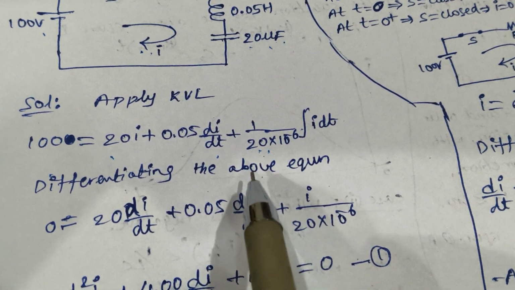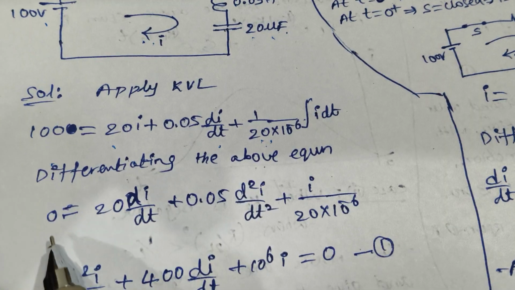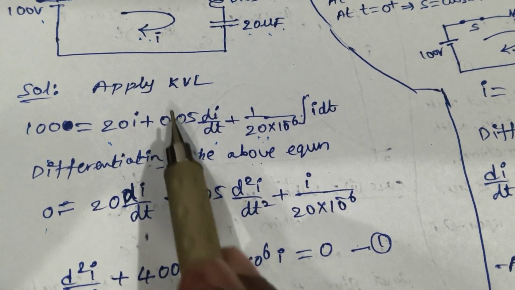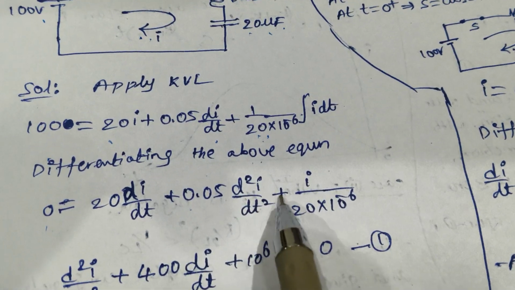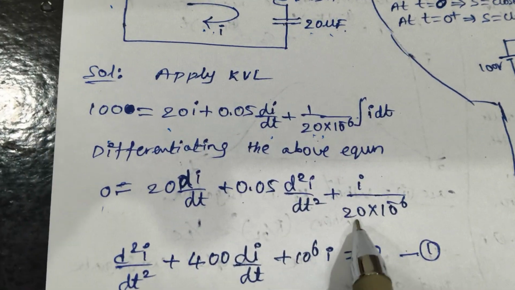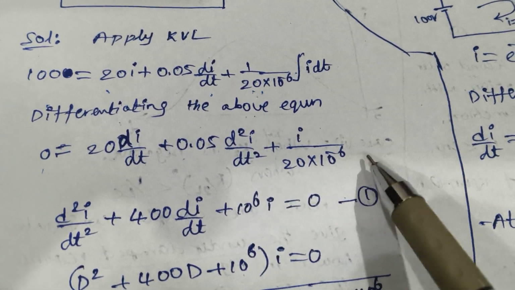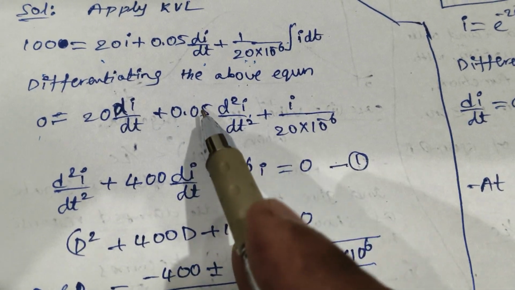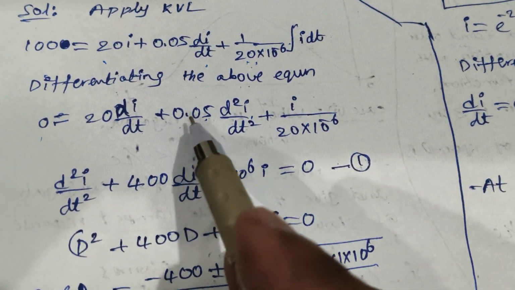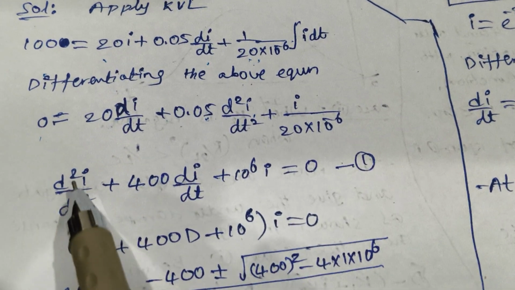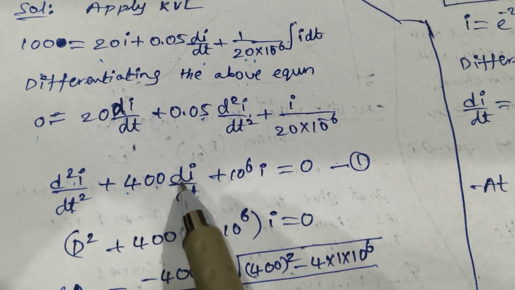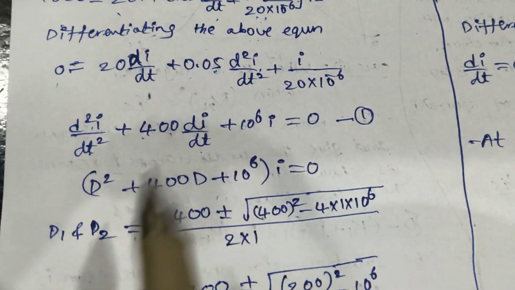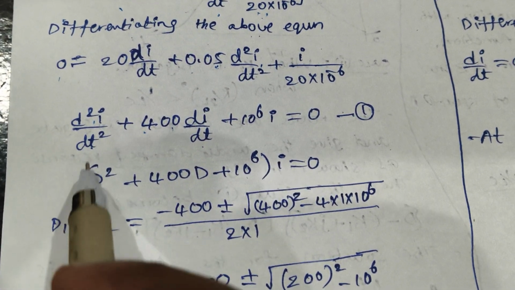By differentiating the equation, the differentiation of the constant is 0, giving 20 di/dt plus 0.05 d²I/dt² plus I / (20 times 10^-6). Dividing both sides by 0.05, we get d²I/dt² plus 400 di/dt plus 10^6 I equal to 0. I can rewrite the same equation for simplification.